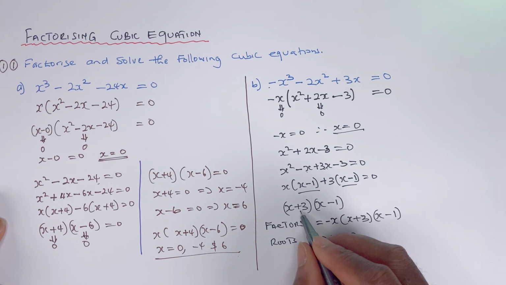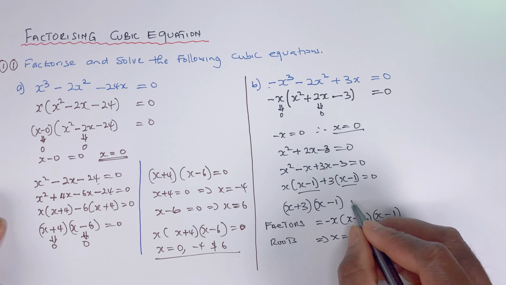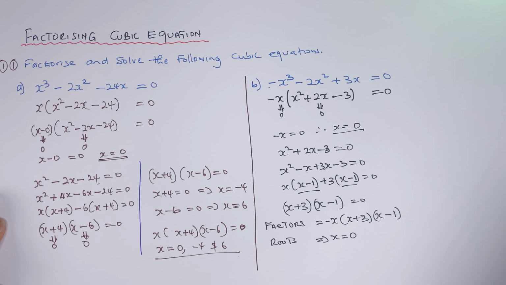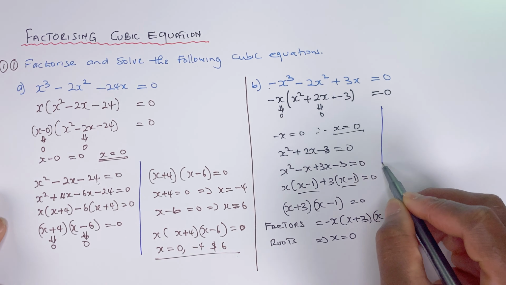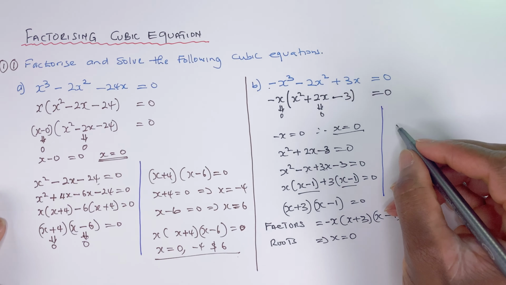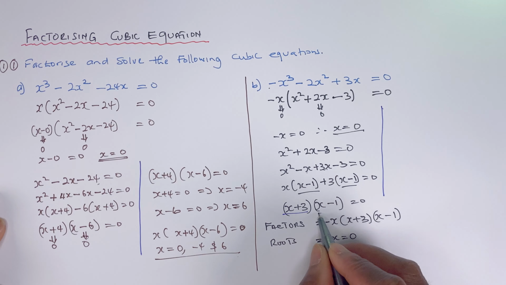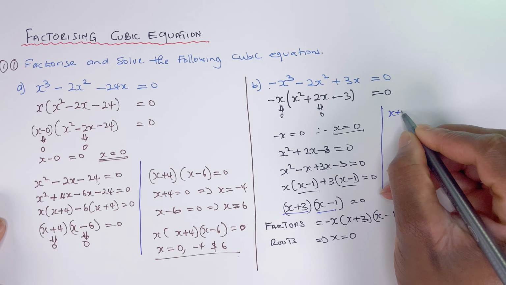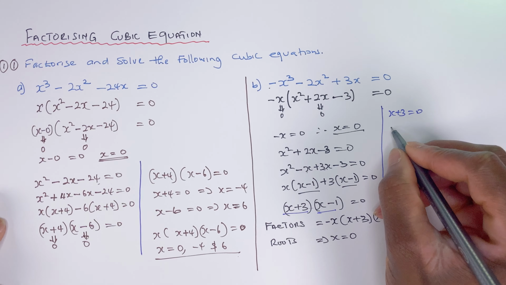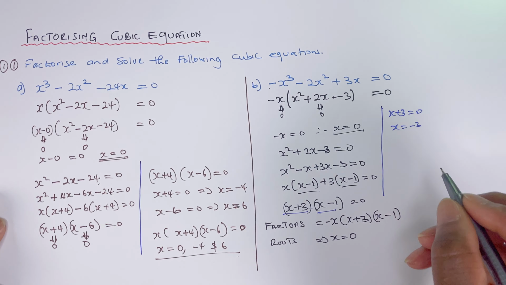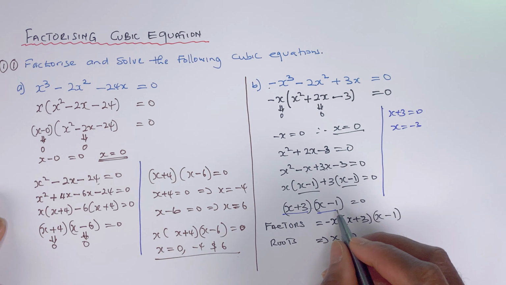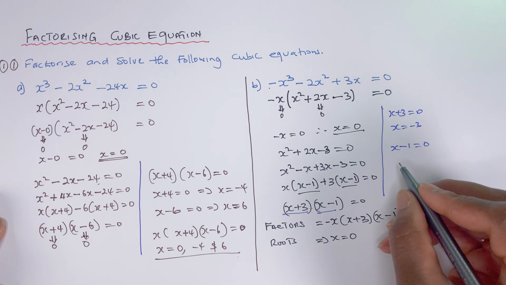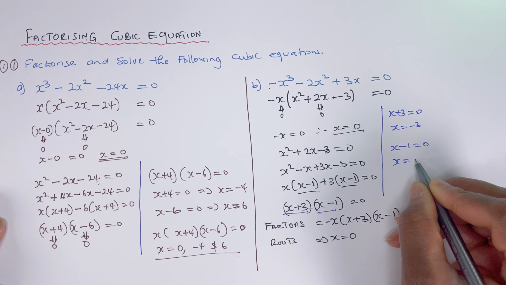x equals, if I set these two to 0, because those are the two factors now, x plus 3 equal to 0, x equals minus 3, and the second one, x minus 1 equal to 0, x equals 1.